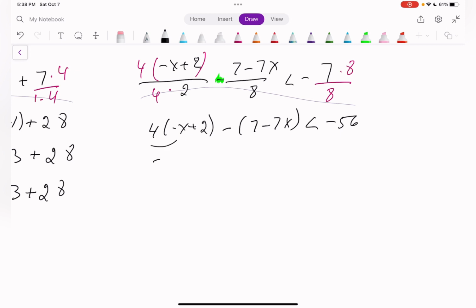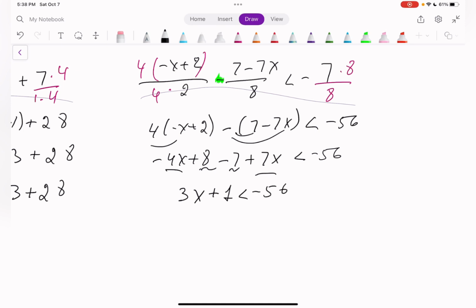So multiplying: negative 4x plus 8 minus 7 plus 7x, less than negative 56. So negative 4x plus 7x is 3x, 8 minus 7 is 1, less than negative 56.